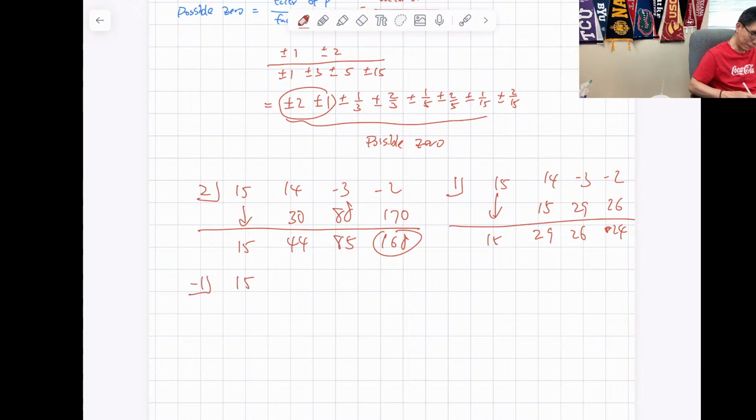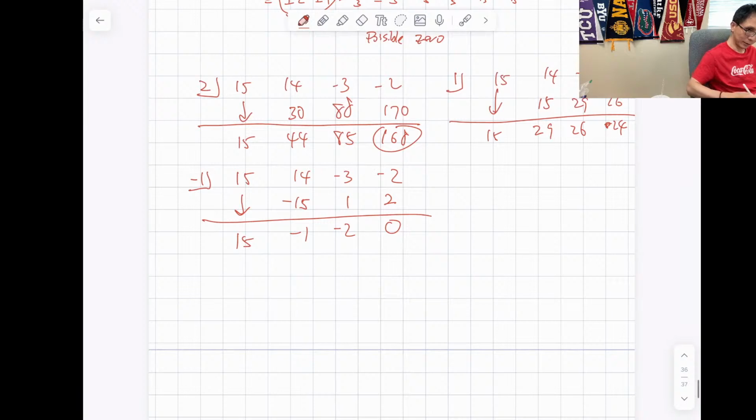So let's try again. And literally just pray, hopefully it works. 15, that's negative 15, with -1. -1 times -1. This is -2. -2 times -1 is what? 2, right? Hallelujah. Praise the Lord.